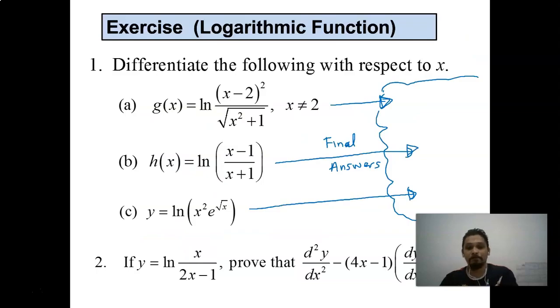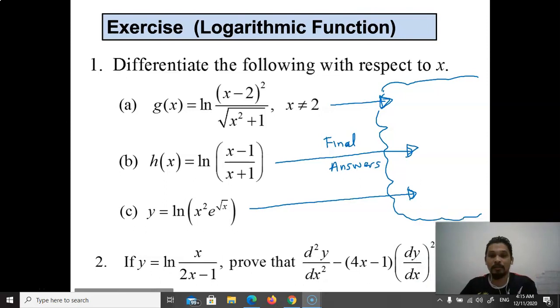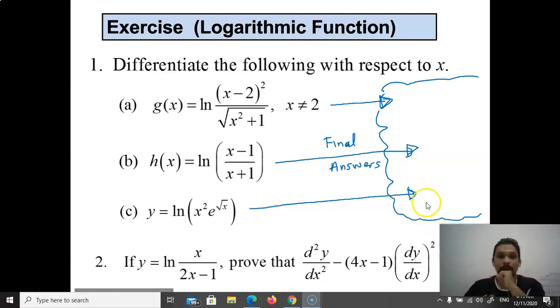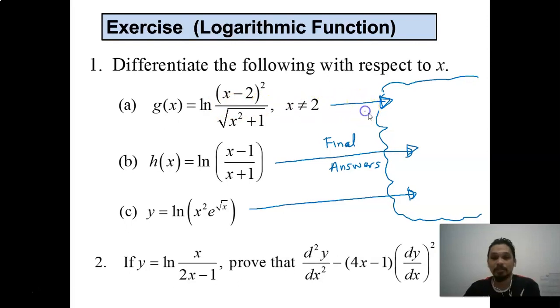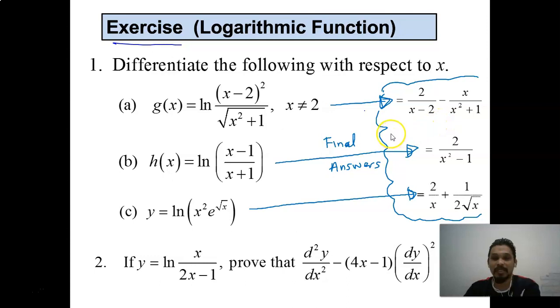Now, differentiate the following with respect to x, natural log of this one here. The final answer given there is 2 divided by x minus 2. This is an exercise, and also this one here.